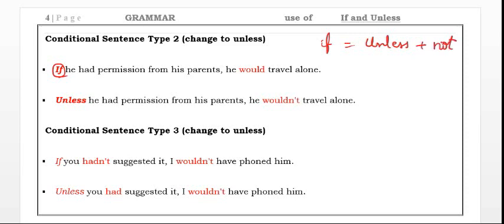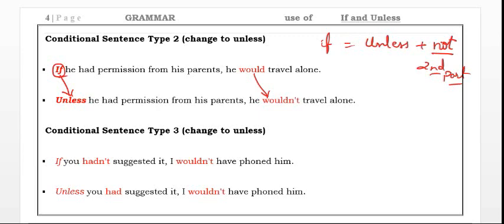But we will take this not in the second part. Please remember this. So if is replaced with unless, and would has become wouldn't. If he had permission from his parents, he would travel alone. Unless he had permission from his parents, he wouldn't travel alone.